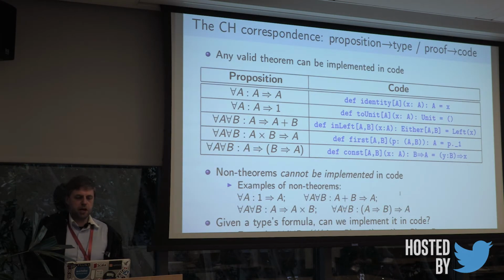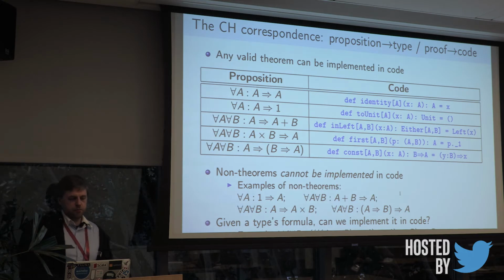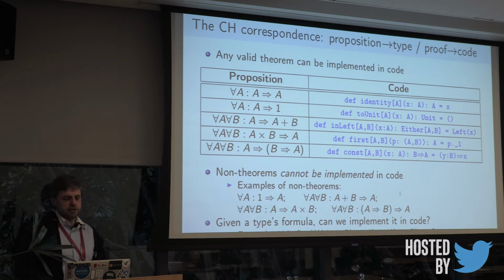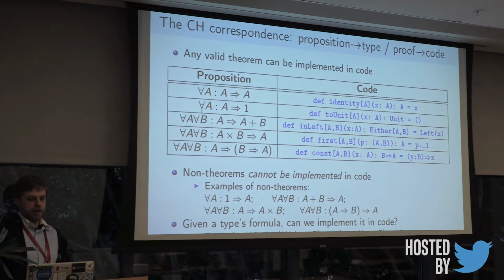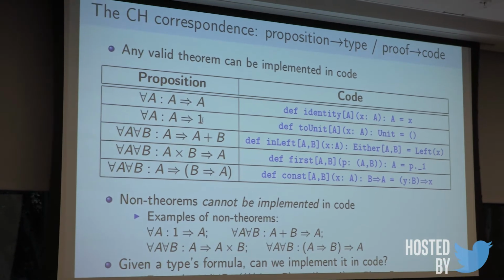So there's the Curry-Howard correspondence, which is that propositions are types and proofs are programs. And the correspondence looks like this, basically, that if you have some proposition in logic where you have, say, for all A, from A follows true, or something like this.